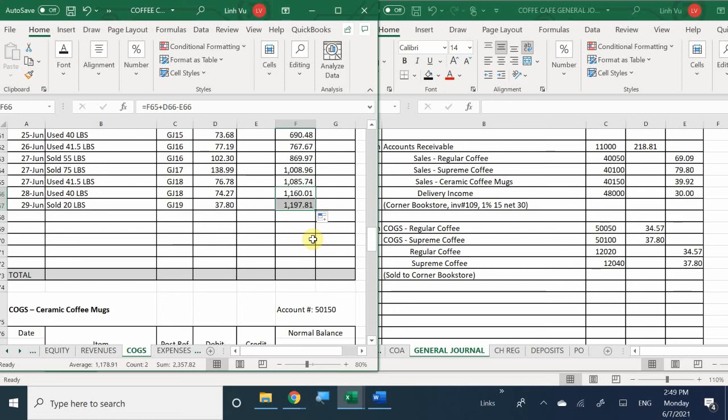Okay. So now we have to place our credits somewhere. We got to go to our assets, the regular coffee, to update our inventory, to properly record and make our running balances match our inventory worksheet.